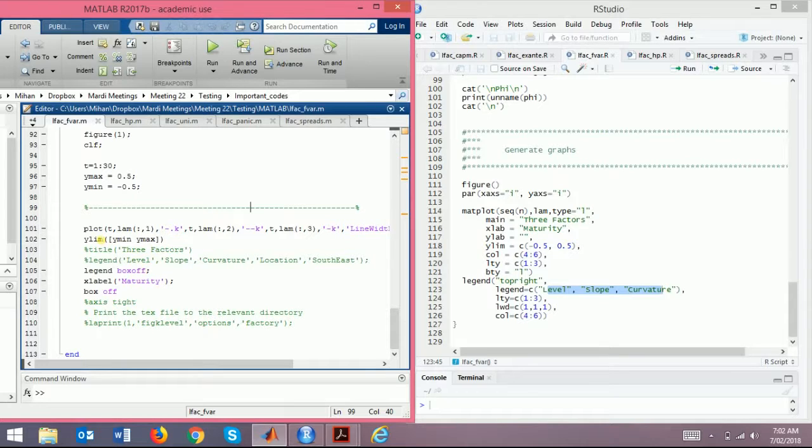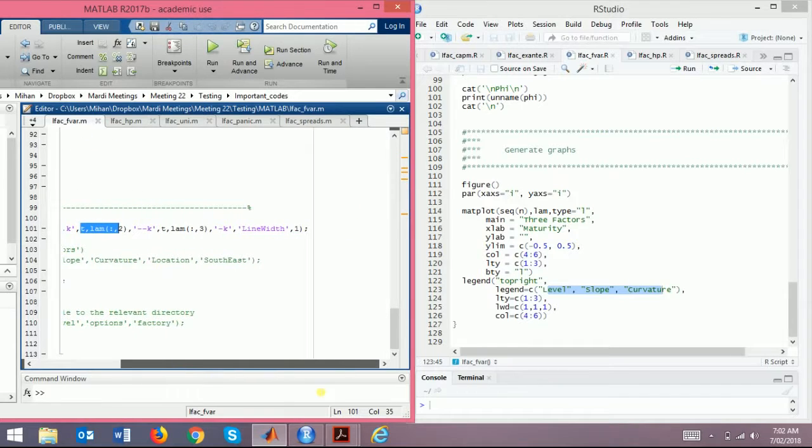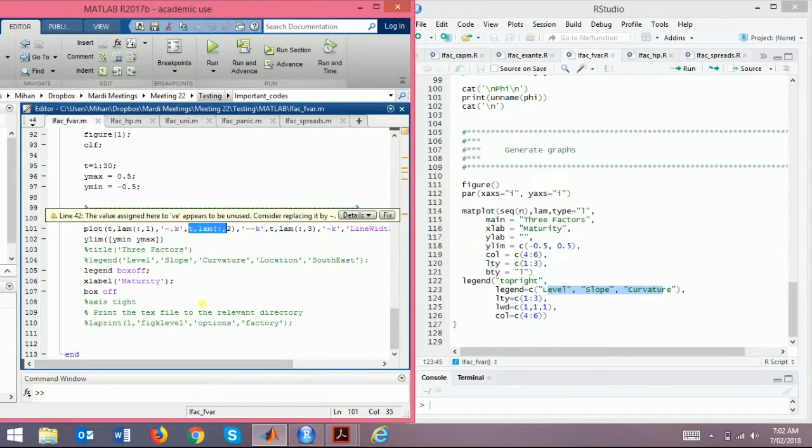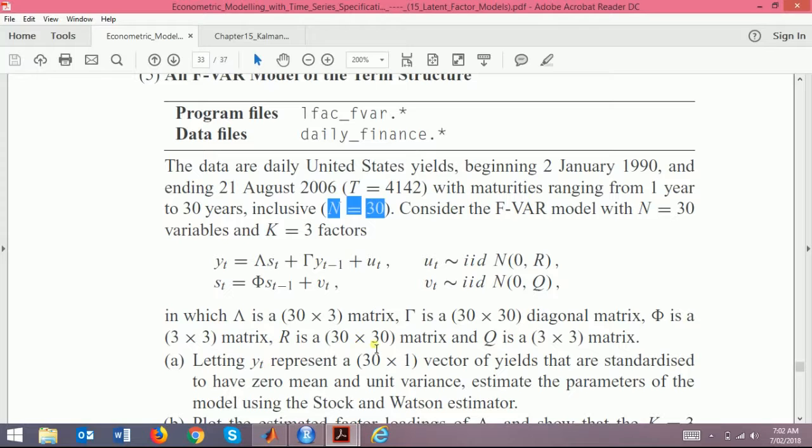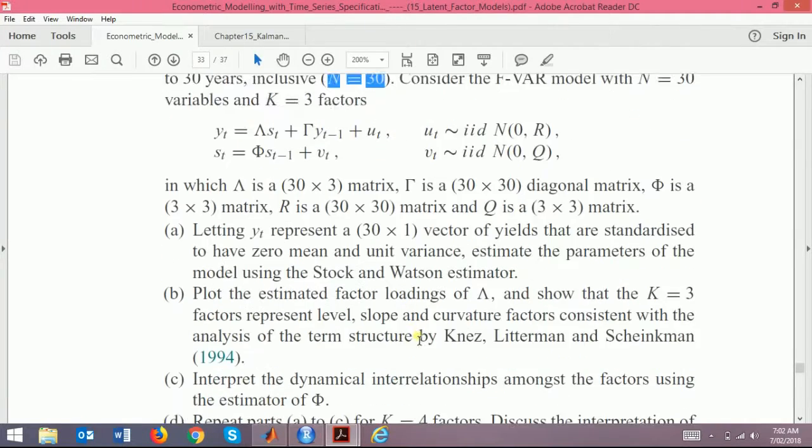So plot t and lambda for all. So okay, in columns, we're just going to plot the columns together, all together, column 2, column 3. So the three factors are actually captured. Very simple and very easy, very interesting. All right, so we solved number 5.